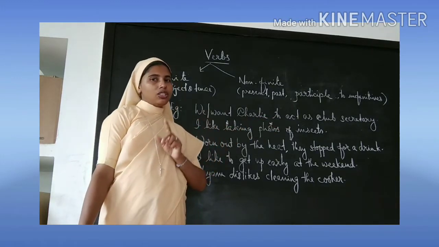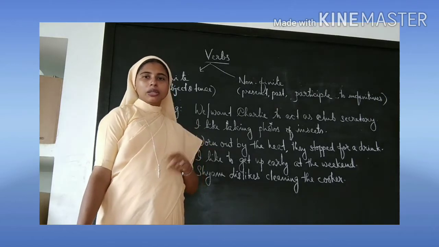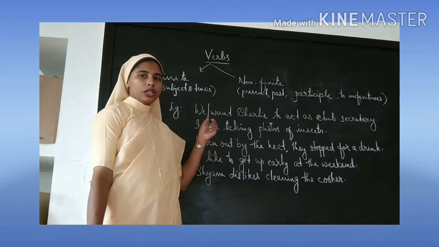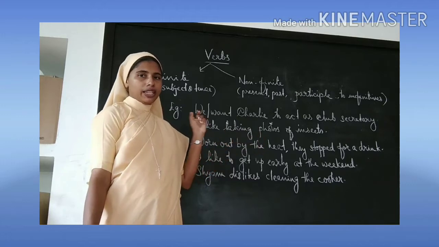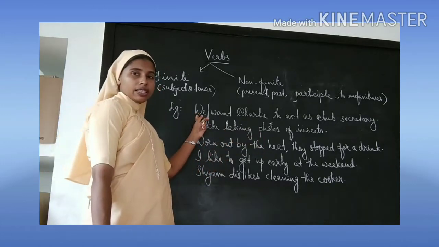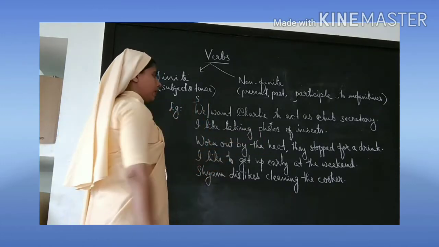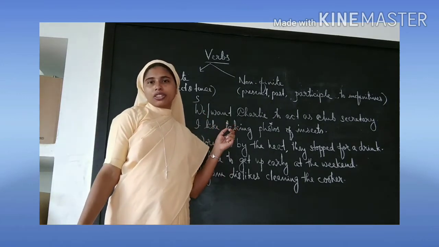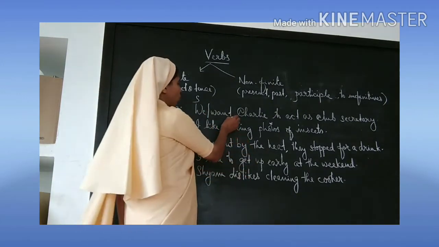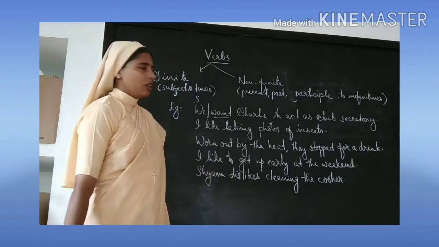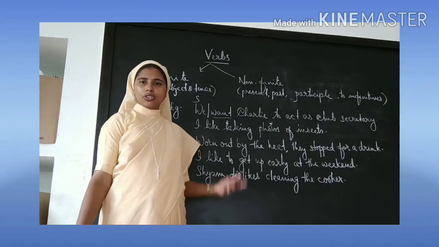The verb comes in the part of the predicate, not in the part of the subject. So what's the main verb here? Want. Want is the main verb. Is there any other verb?